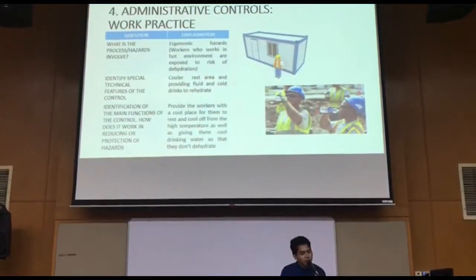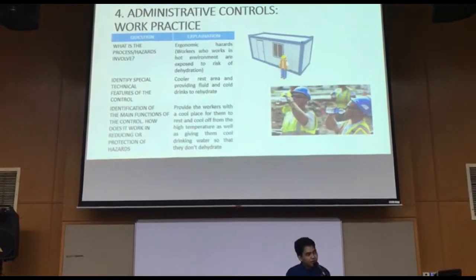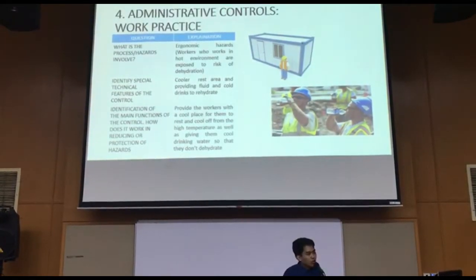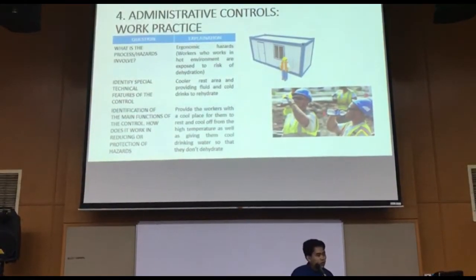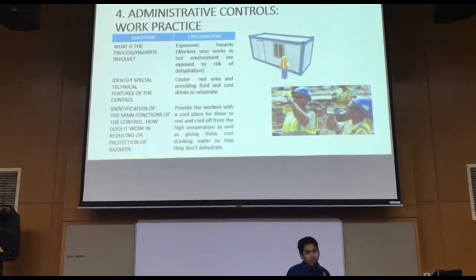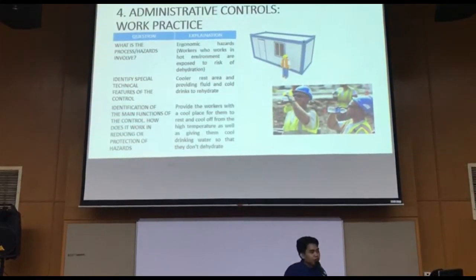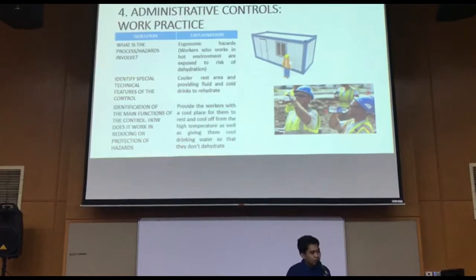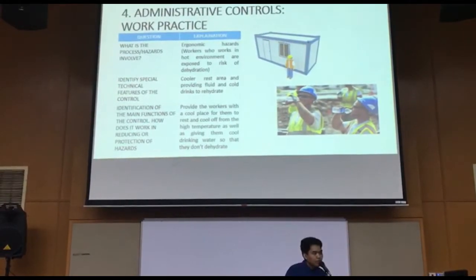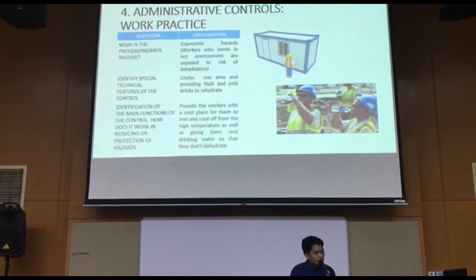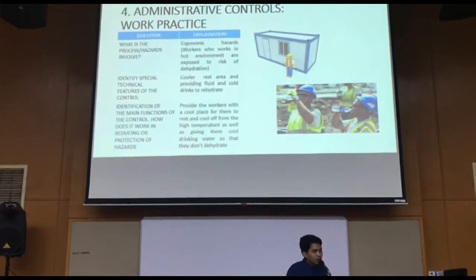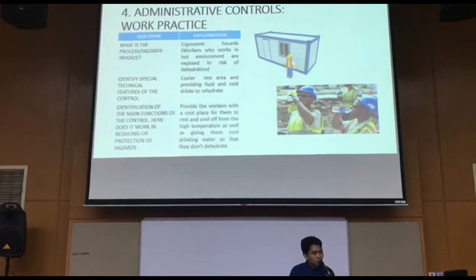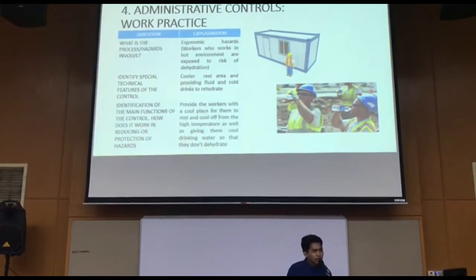So today I will present about the administrative controls, which is work practice. So what is the process and hazards involved? The hazards involved is ergonomic hazards. Workers who work in hot environments are exposed to the risk of dehydration.